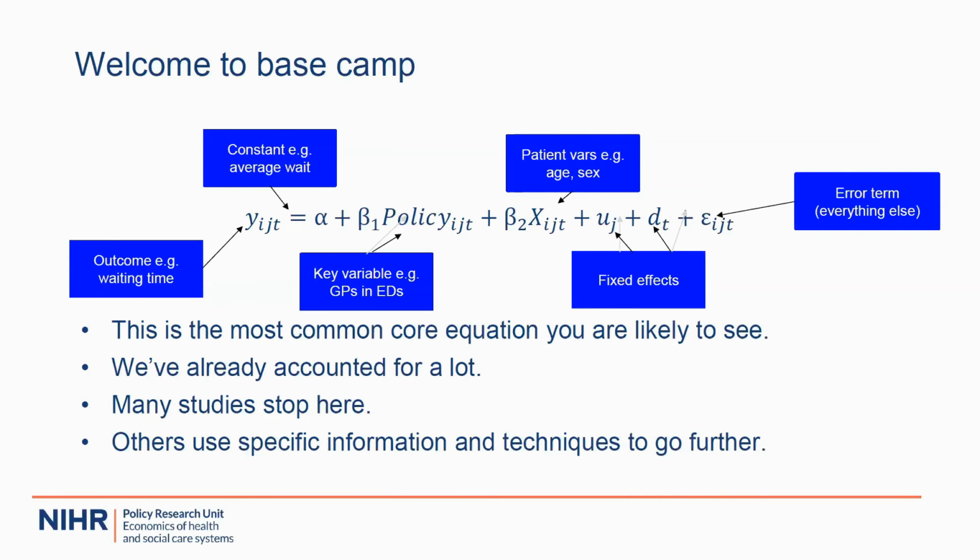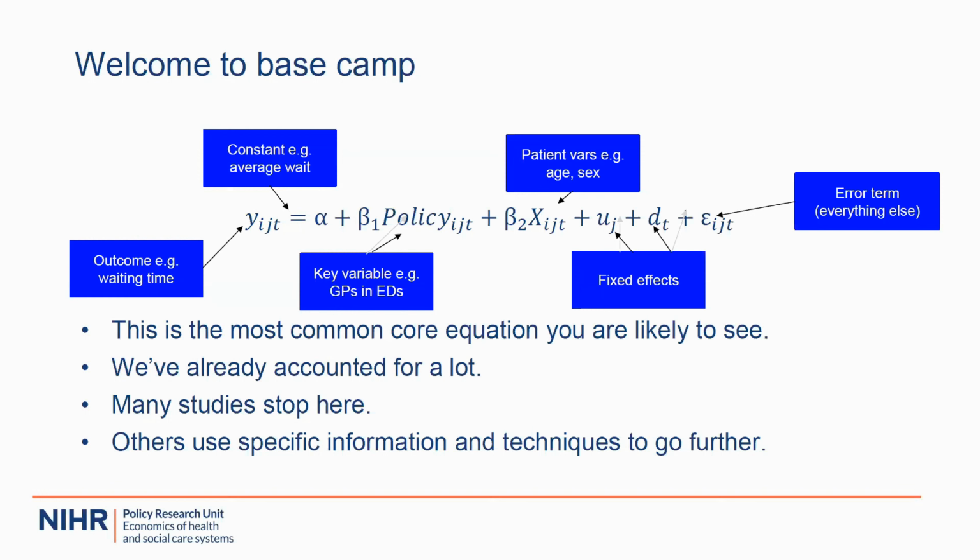And this equation, intricate as it looks, is effectively base camp. It's the point at which a lot of research stops. And you can see that we have covered a lot. We've already got that key relationship, the policy and the outcome. We've got lots of things, hopefully, which are about the different characteristics of different patients in that X term.